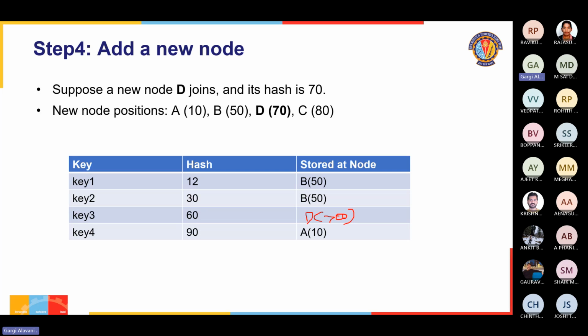So when you add a new node, what happens is you will have to move data from the existing node to the new node. Data that falls within the new node's range will have to be moved to it, and then you have to update your routing table.